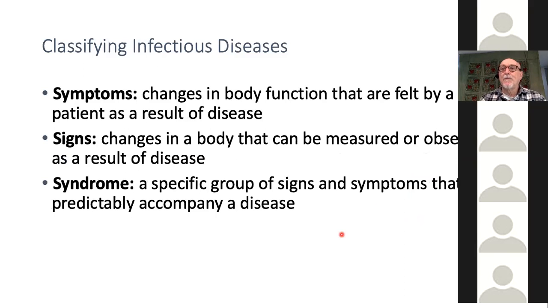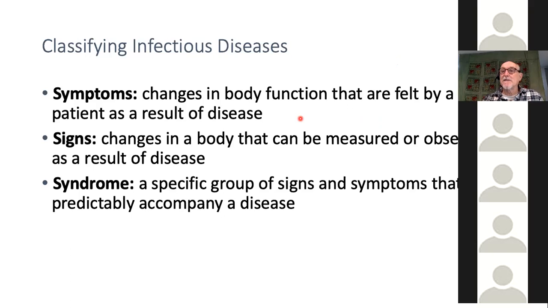Okay, so I warned you that we do have to learn proper definitions for some of these words, because some of the words are so familiar to us. We use them in common parlance, but they have a very particular scientific meaning, especially when we're talking about disease course. And the first one is this word symptom. A symptom is a specific change in body function that results from a disease process.